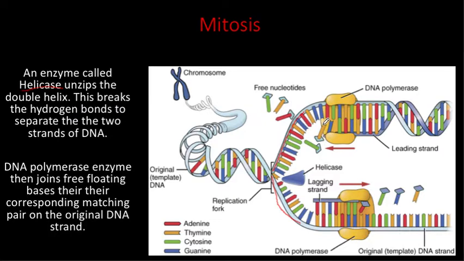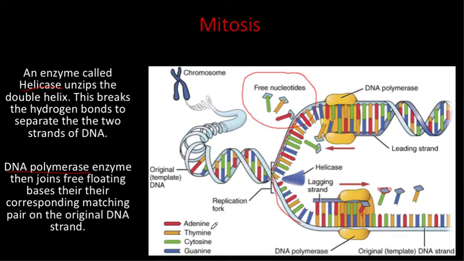From here, another enzyme will come along, and that's DNA polymerase. The job of DNA polymerase is to grab some free-floating nucleotides that you find in your nucleus. Your cell produces nucleotides to be used when they are needed. Your DNA polymerase will grab the right nucleotide and bond it to its complementary nucleotide.